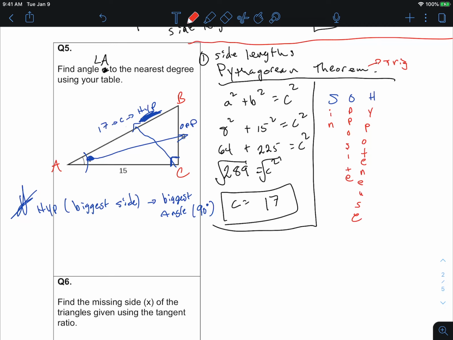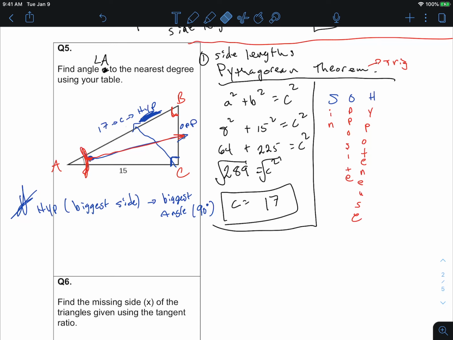If I'm standing at alpha at this angle, and I decide to look across from me, then this is opposite. If this question asked me about this angle, then I'd be standing here instead, and this would be opposite. Does that make sense? But that's not what it's asking this time. So you're standing at alpha and looking across, there's opposite.